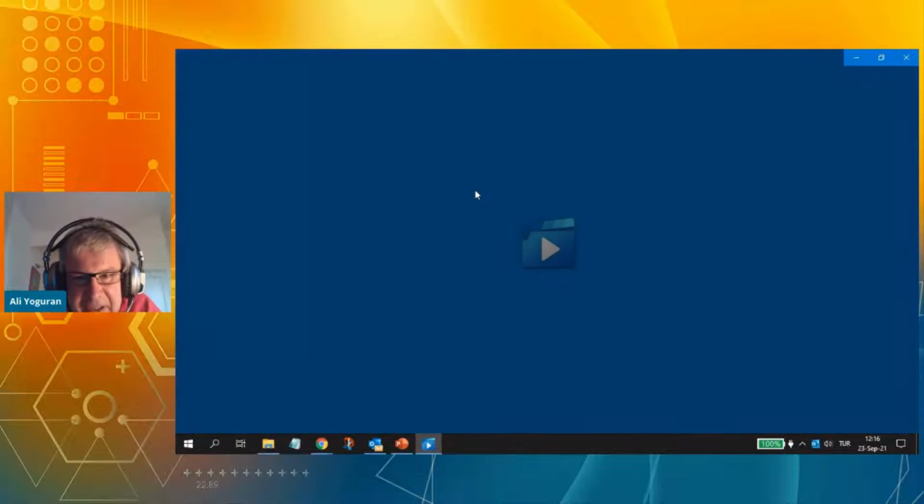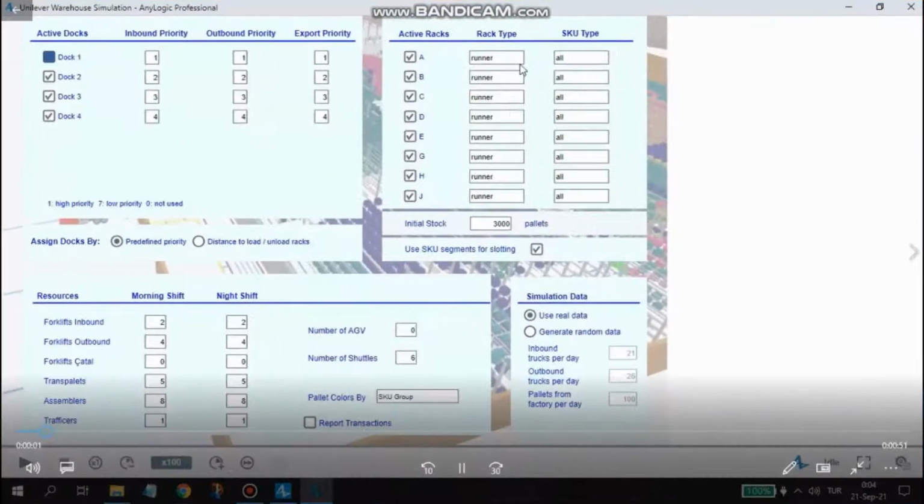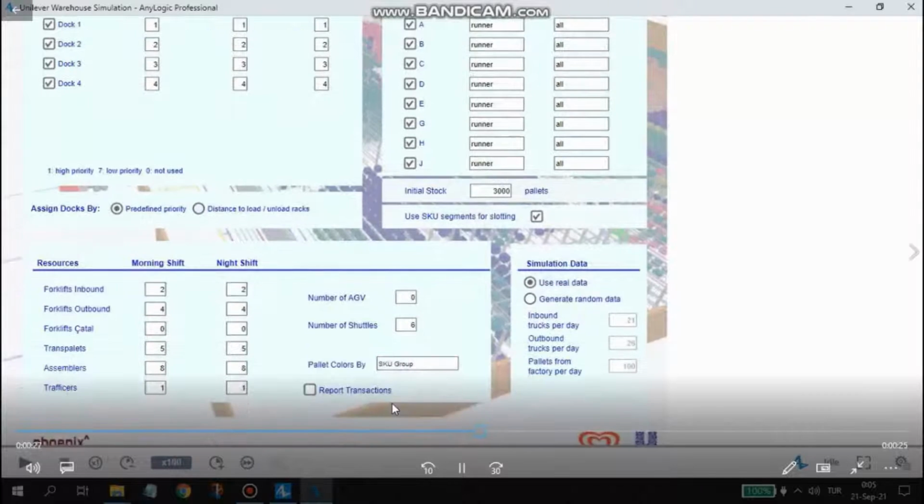Let me show you how the start screen enables some different scenarios as well. Here you can switch off docks or switch off racks. And you may have runner racks, normal racks. You may store only some type of products in a rack. And you may make the pallet colors by SKU group or by transaction volume to have the heat map.